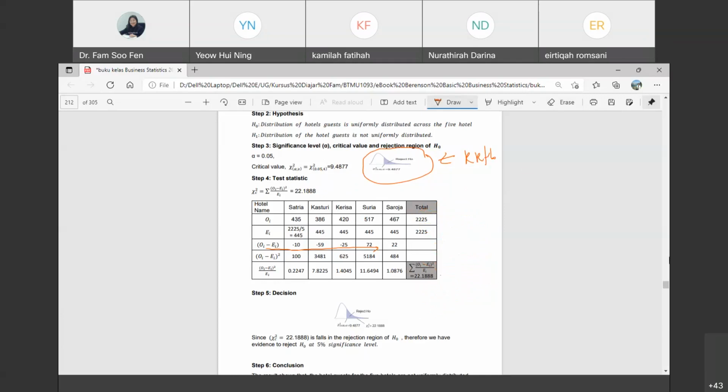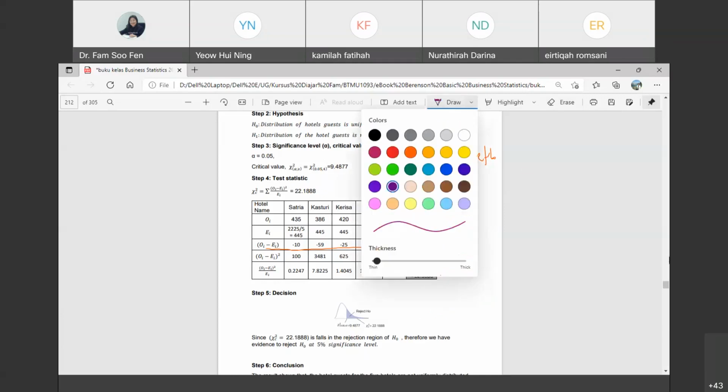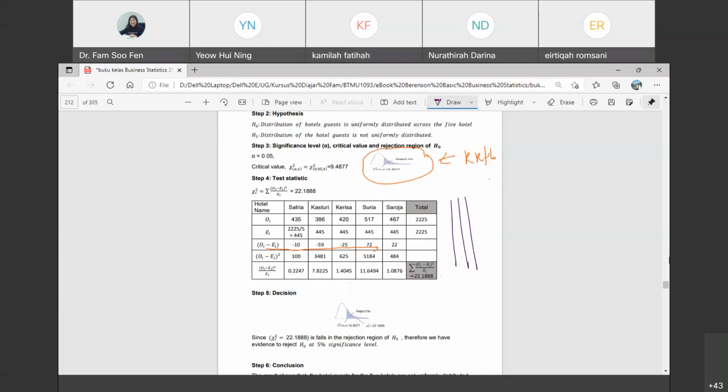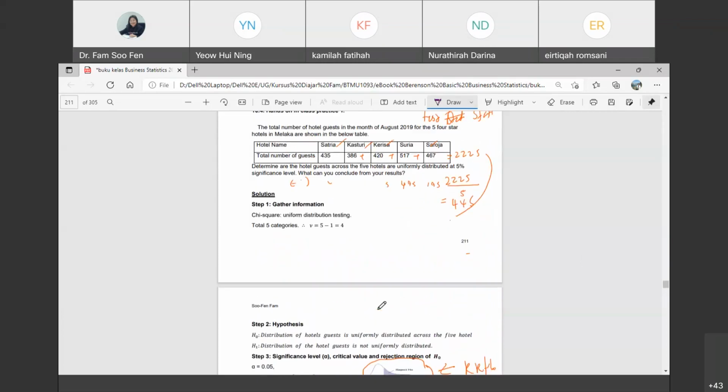I want your presentation like this: O_i, E_i, O_i minus E_i, O_i minus E_i squared, O_i minus E_i squared divided by E_i. Do it now, and after you have finished, upload to the Padlet.